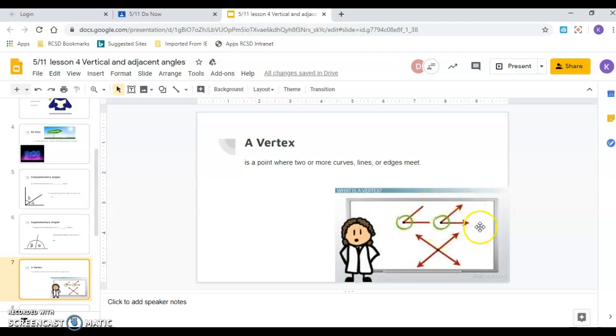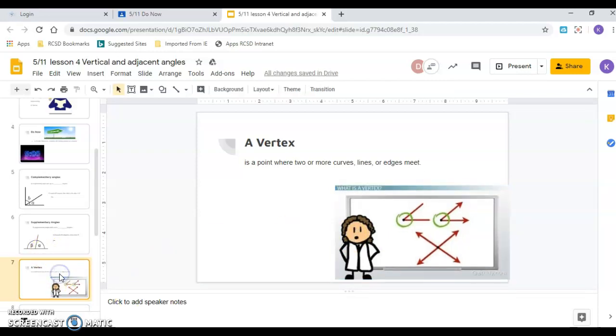Here are two lines that go on and on forever, and they have a vertex, a point. They meet, and actually, those are rays. I said the wrong thing. Those are rays because they start at a point and then go on and on forever, like a ray of sunshine. And then here you have two lines intersecting. These lines go on and on forever, but they meet at the center vertex right here, that black dot. That is a vertex.